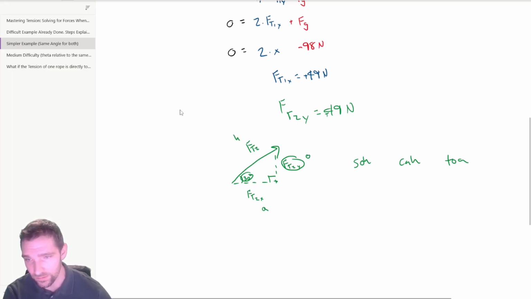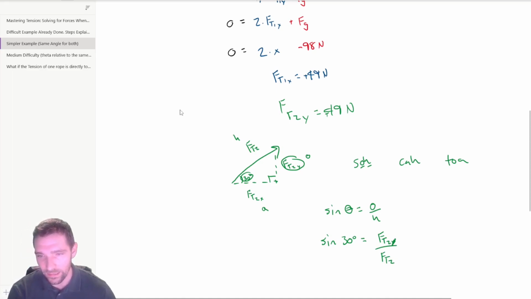If I want to use opposite and hypotenuse, that's going to be my sine function. So sine is opposite over hypotenuse. In this context, that's sine of 30 degrees, which is equal to this FT2y, definitely in the y, over this FT2. And we should be able to solve for this.